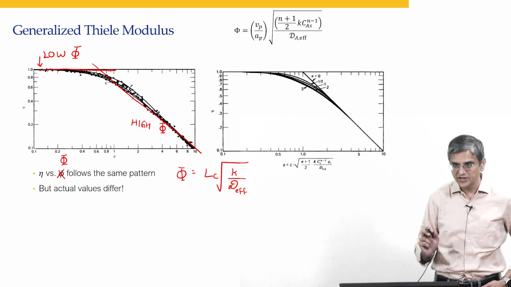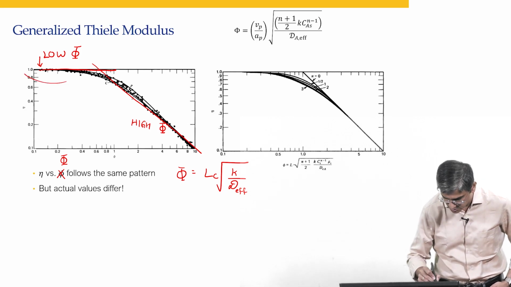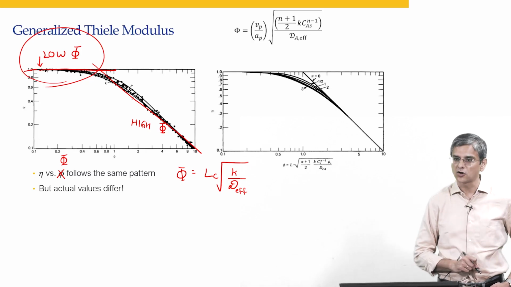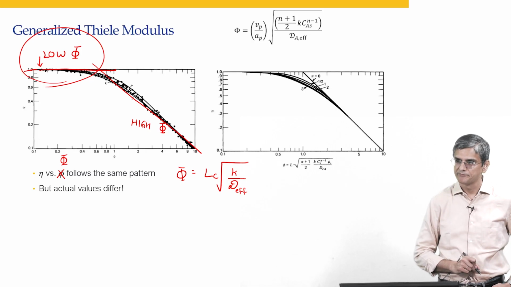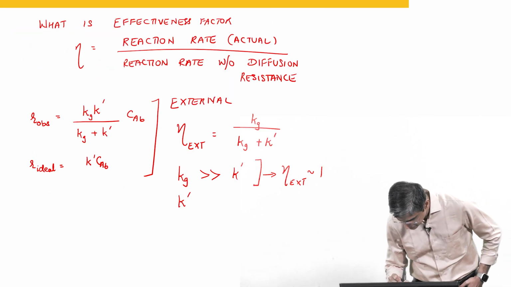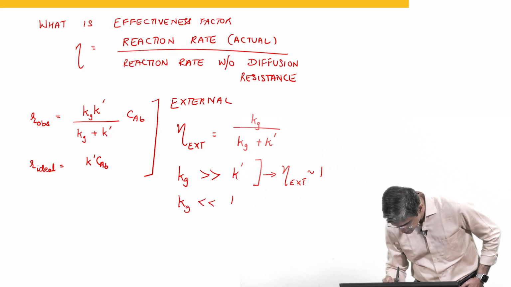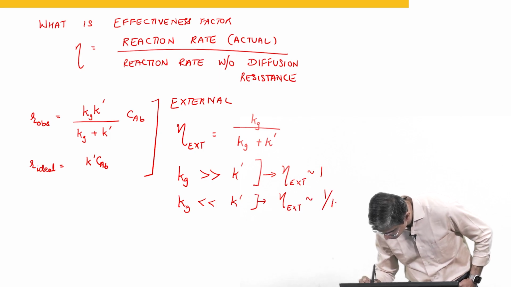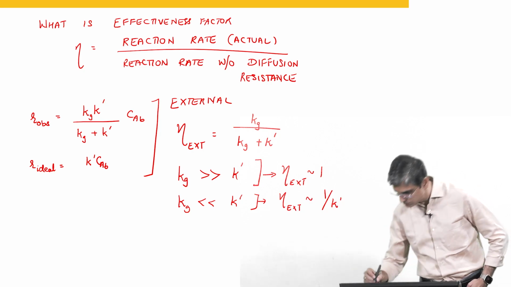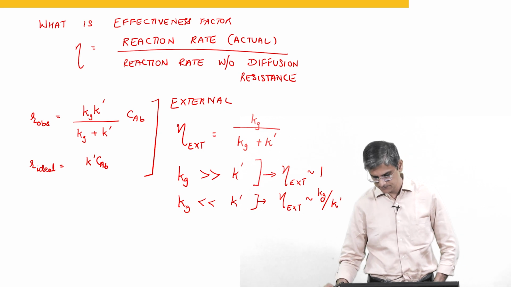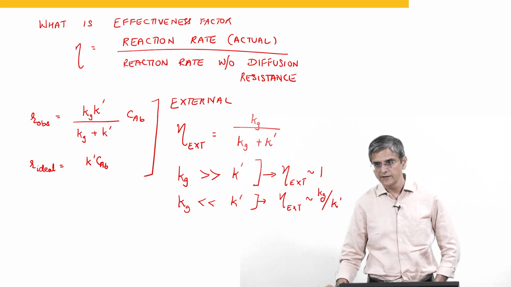If diffusion is very fast compared to reaction, your phi is low and eta is approximately 1. Conversely, if Kg is much lesser than K dash, eta is approximately Kg by K dash. Okay.